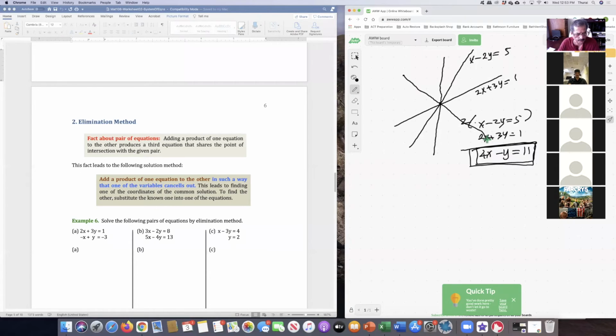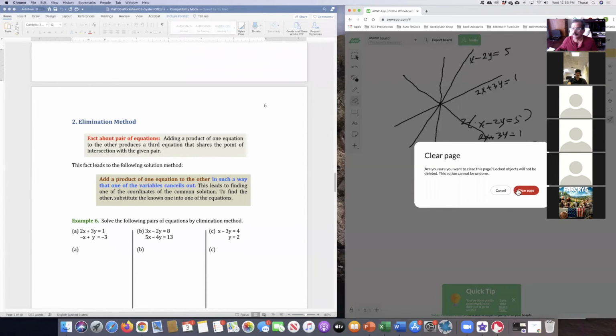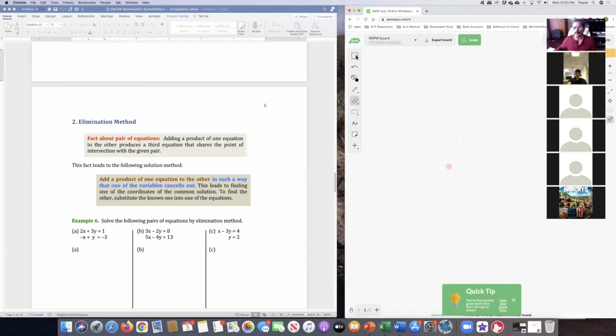So I'm doing this first problem, example 6, number A. So let me clear the board here. And I'm copying the two equations now: 2x plus 3y equal to 1, minus x plus y equal to minus 3.